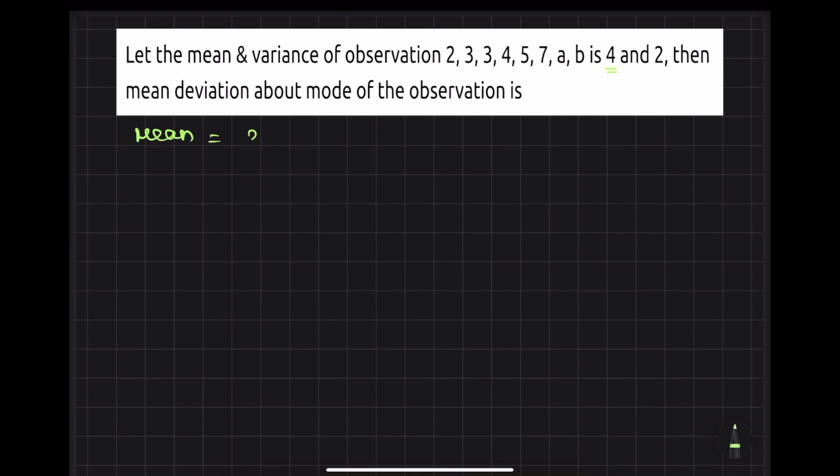So, mean is what? 2 plus 3 plus 3 plus 4 plus 5 plus 7 plus A plus B divided by 8. Okay, there are 8 elements, so you have to divide by 8, and the mean is 4.